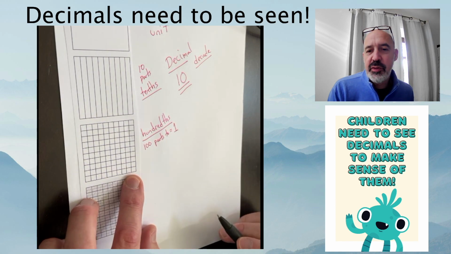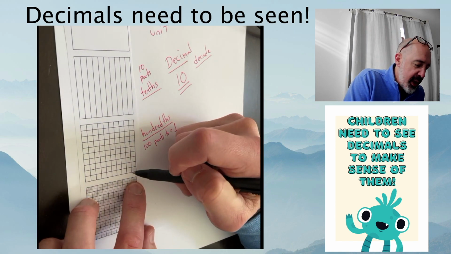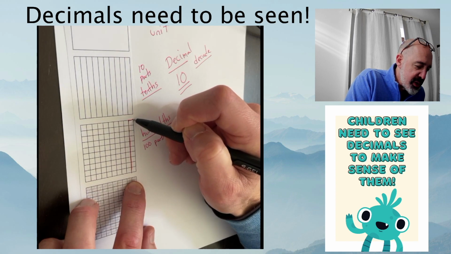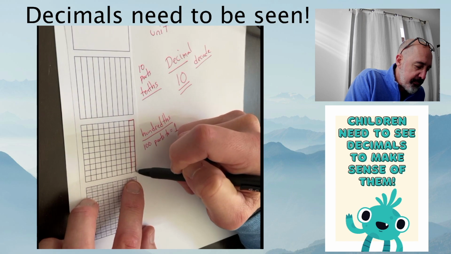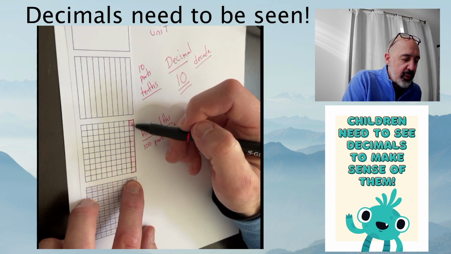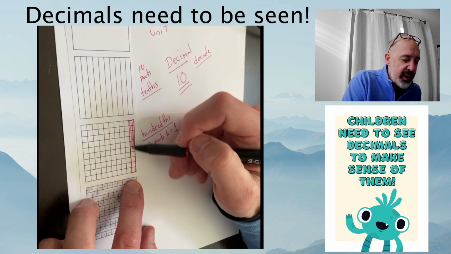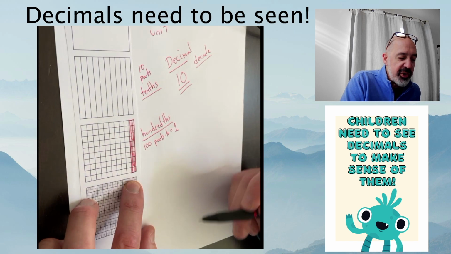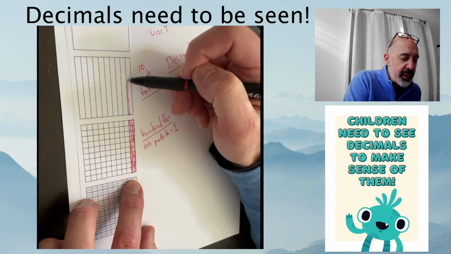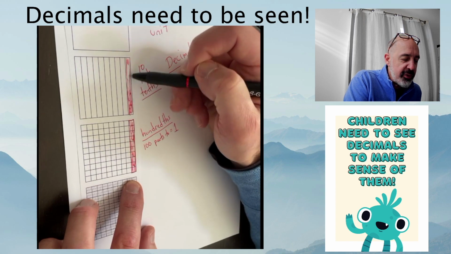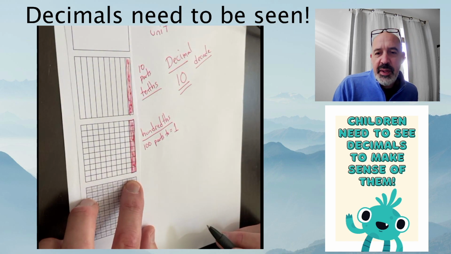But just as important is this idea that within this group of 100, each column and each row, if you were to shade in one row, that's 10 individual hundredths, which is equivalent to 1/10. So kids should understand that that's a big difference.